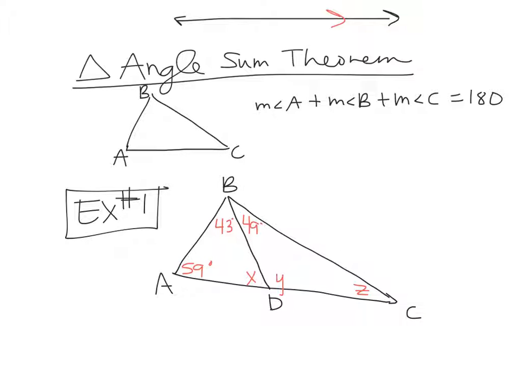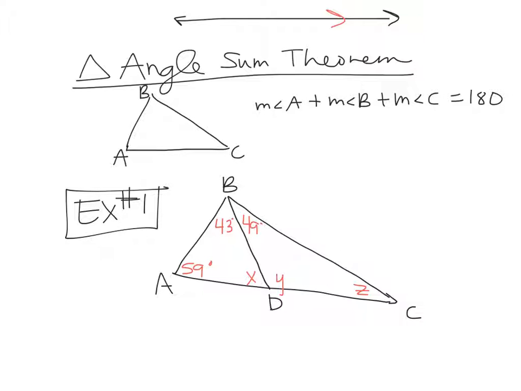So if this is my setup, I can solve for X, Y, and Z. Does anyone see how I could solve for one of them? You do 59 plus 43 and then get that to... Oh, the 59 plus 43 plus X equals 180.